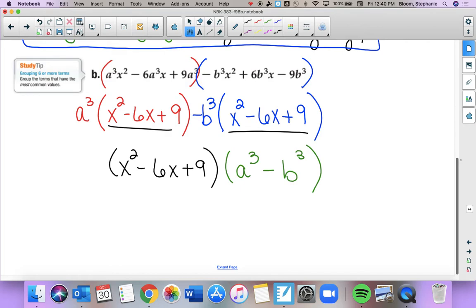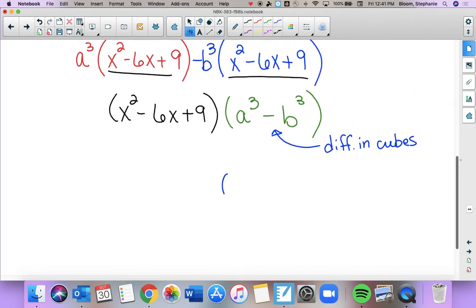Now what do you notice? Okay, what do we call this? Difference in cubes, yes, difference in cubes. Okay, so we can break this one down.